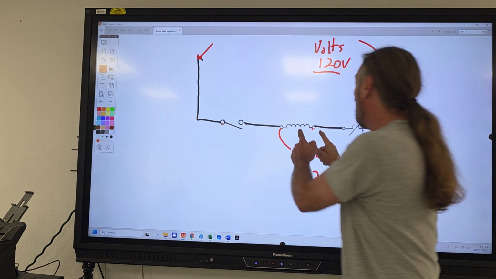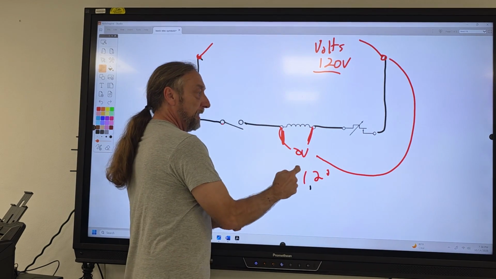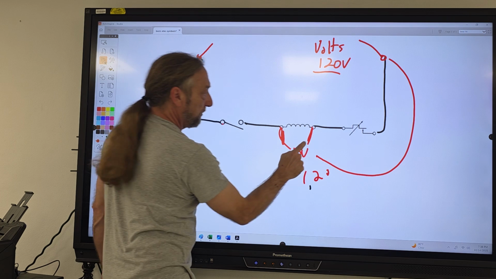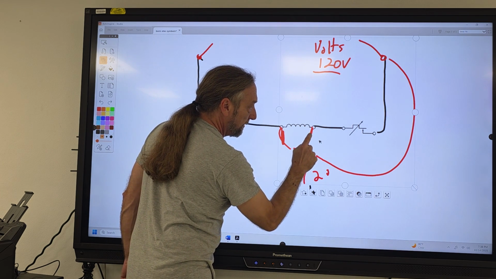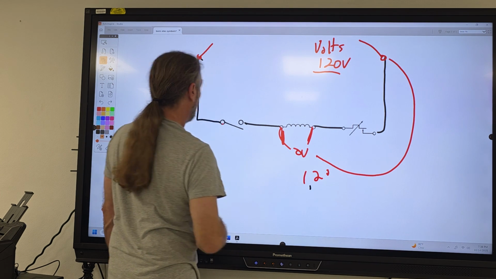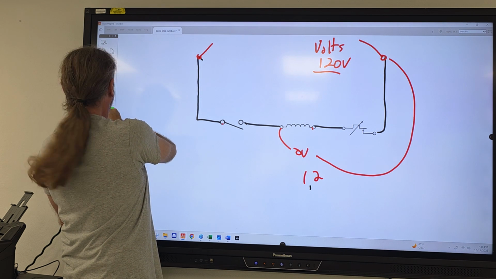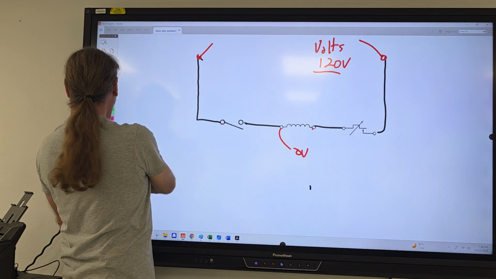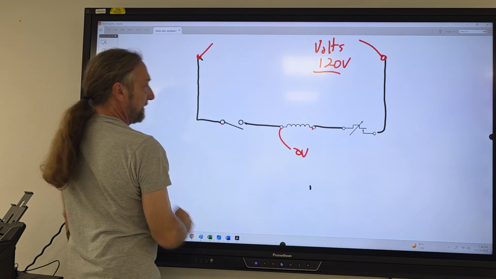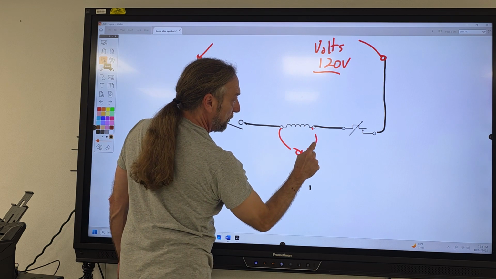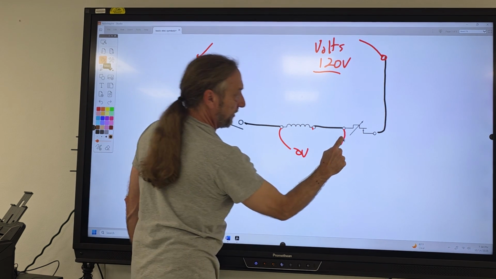So then I'm going to bring my meter leads back to here, and I'm going to take this meter lead here, and I'm going to move it here.